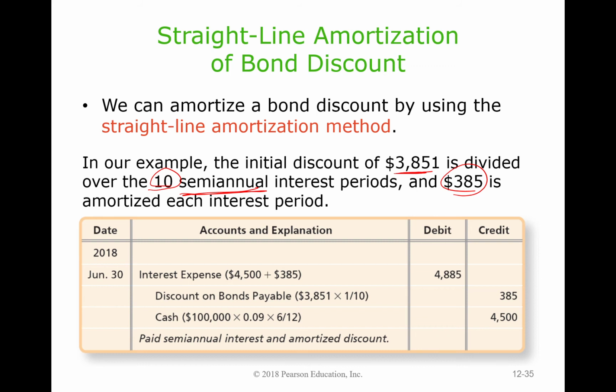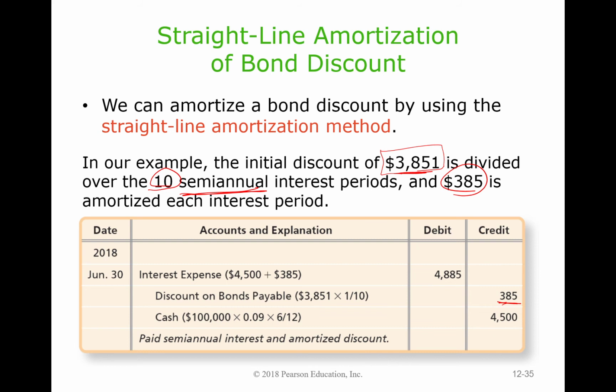We have to get that discount on bonds payable off of the balance sheet at some point, and we do this by amortizing it: the full discount amount, or premium amount, but that's a little different, divided by the number of periods that we're compounding interest. Since it's a 5-year bond with semi-annual payments, that means we're compounding 10 times, or 5 times 2.